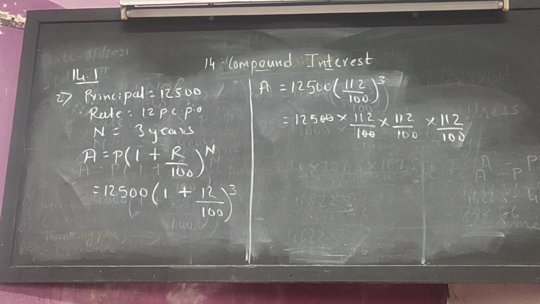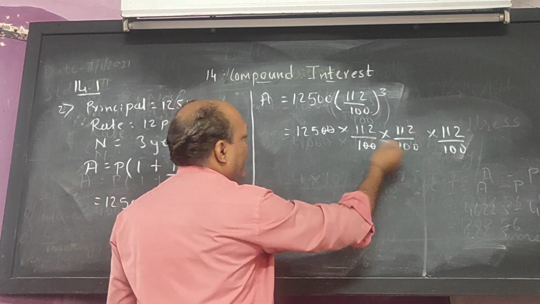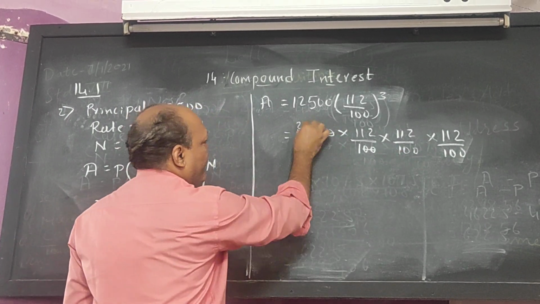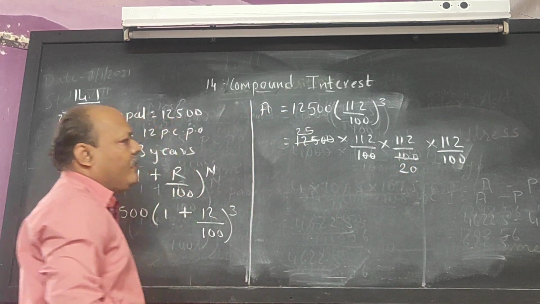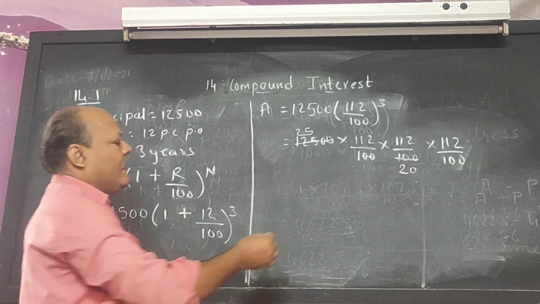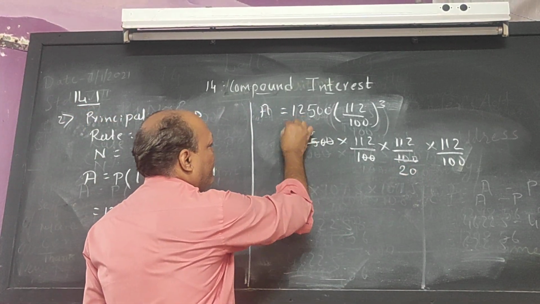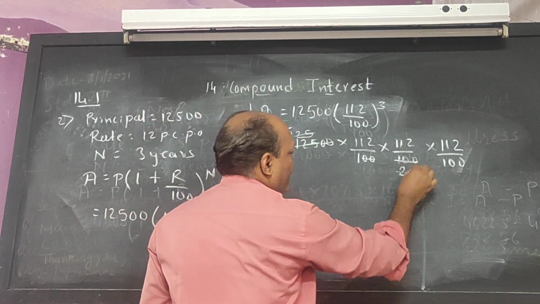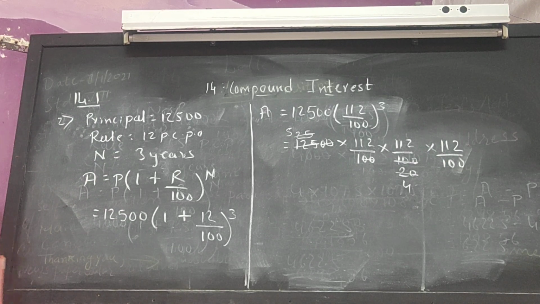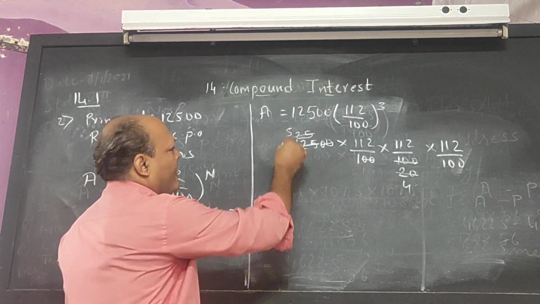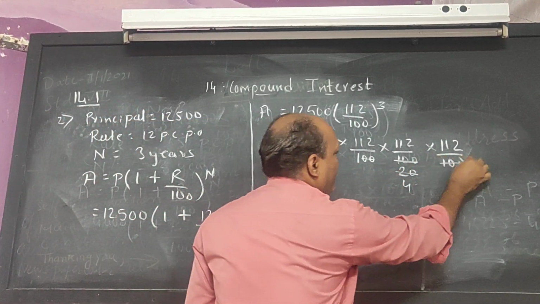Now we can cancel by 5. 5 twos are 10... 5 fives are 25, 5 fours are 20. I hope all of you understood here. Now again we can cancel by 5. 5 ones are 5, 5 fours are 20.